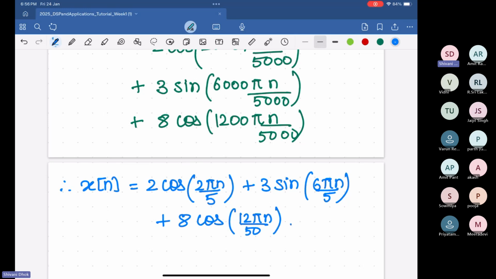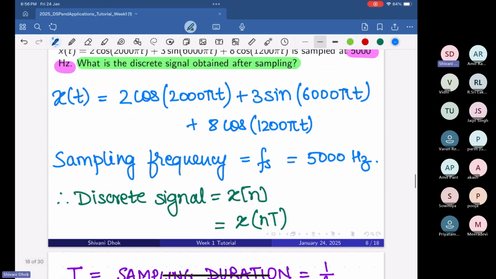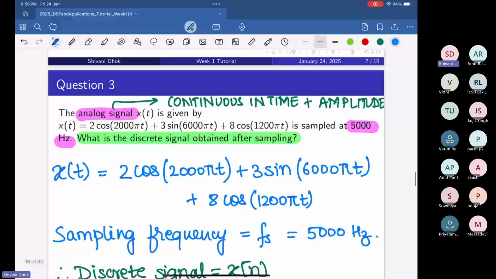So this is the discrete time signal which we have obtained by using the sampling frequency of 5000 hertz. Now the question that I am asking is: is this sampling frequency good enough?